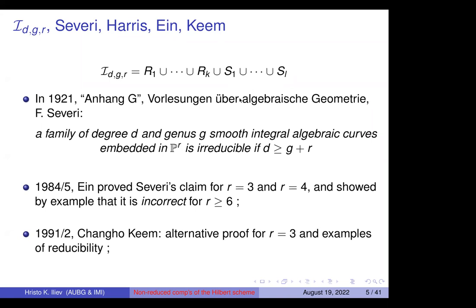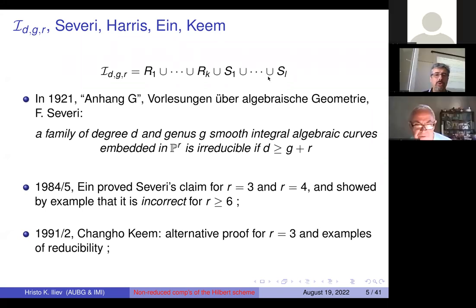But there is one significant difference: the components of the first type are generically smooth and of the minimum possible dimension, while the components denoted here S1, S2, and so on have either dimension that is bigger than the minimal possible dimension or they are non-reduced.